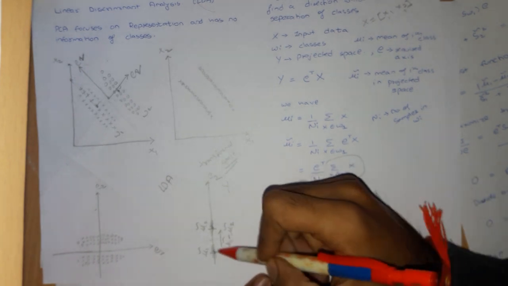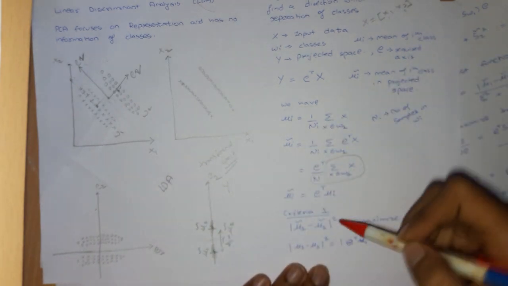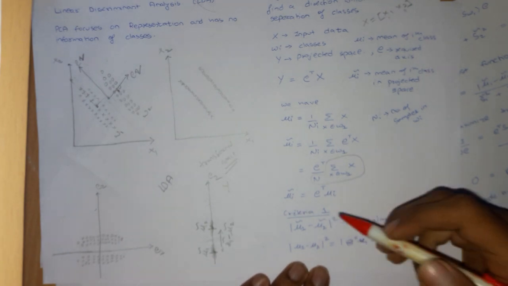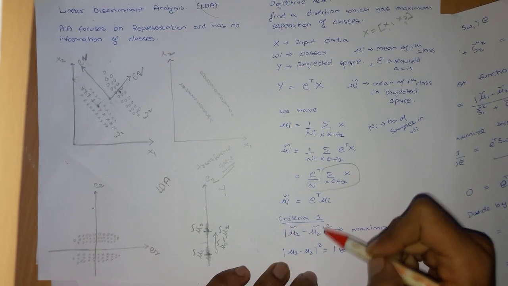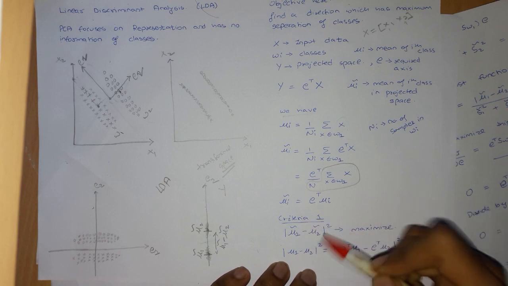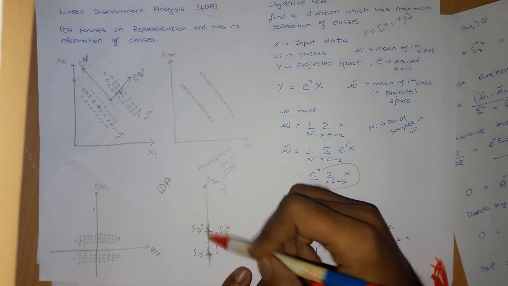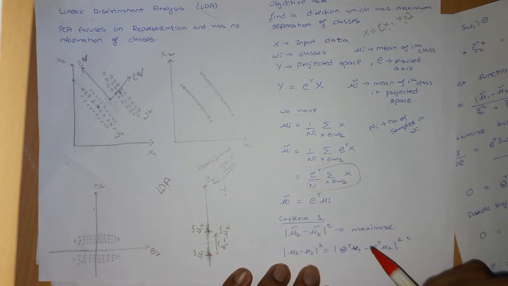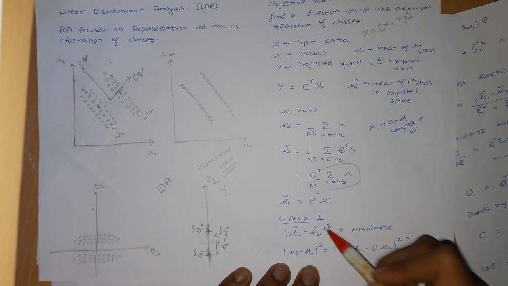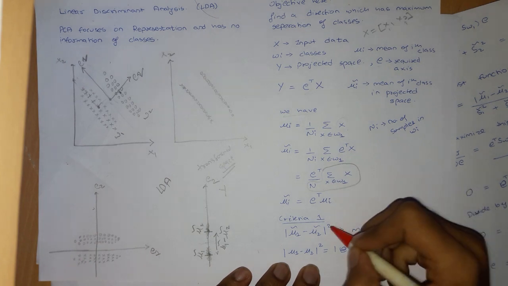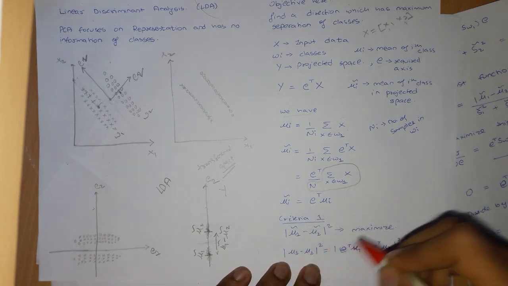Now, since this is a distance, I can just take its square also, because this makes things easy. The thing that you are seeing over here is nothing but the norm, the Euclidean distance between both of these points. I'm just taking the square because if I don't, I'll have to have that root.